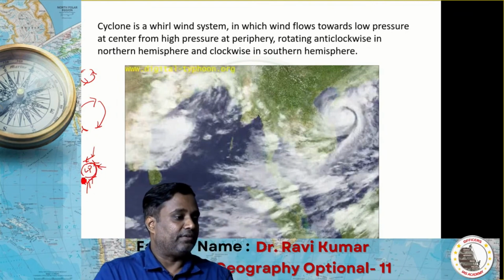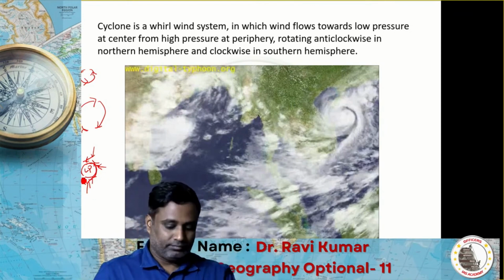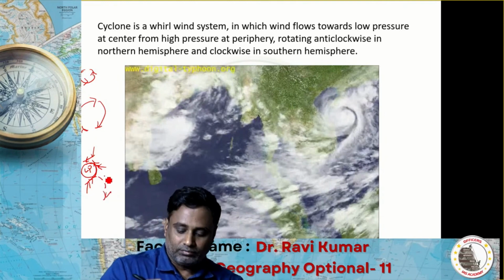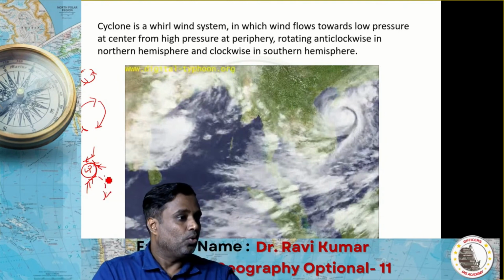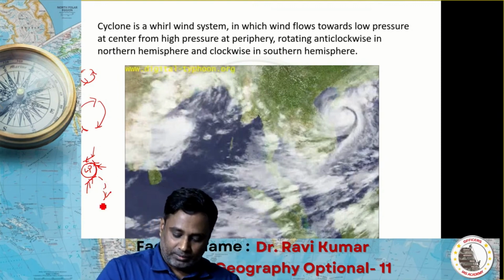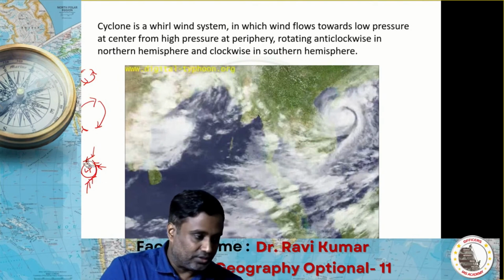If the low pressure doesn't have any pull factor, then when it turns, it would again move away from it. But the low pressure center doesn't allow the wind to move away from its center, so it's pulled towards the center. So the wind system does not move away from the center, they start to rotate around the low pressure itself.